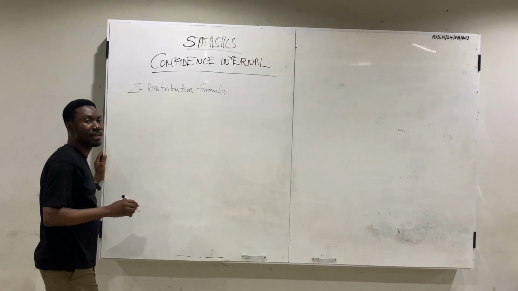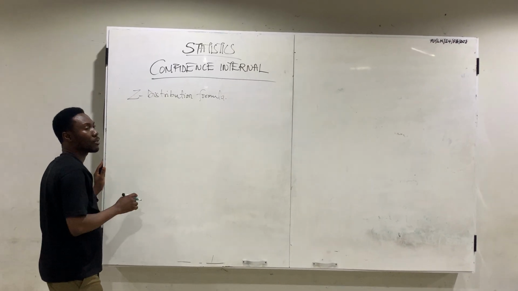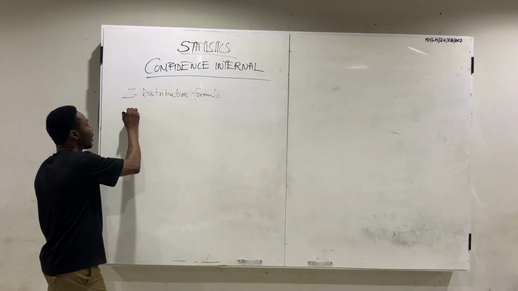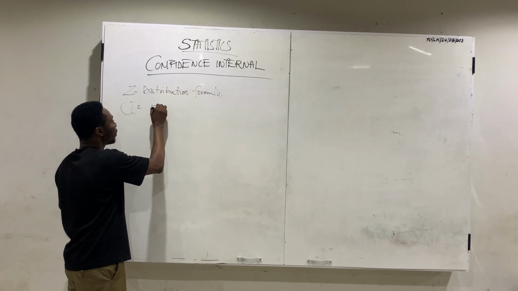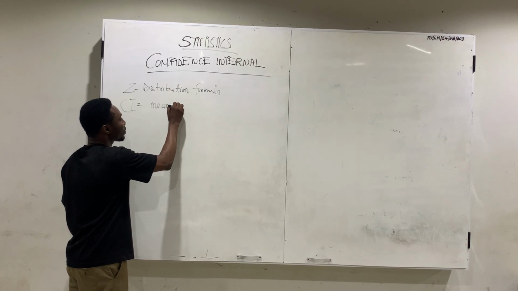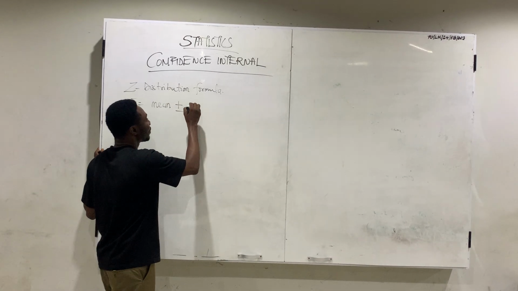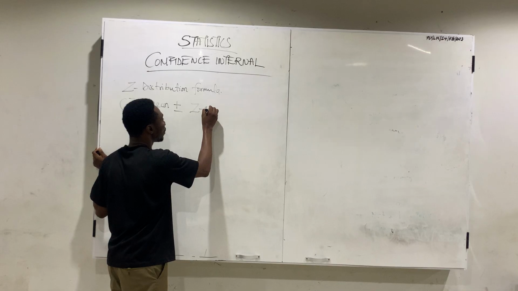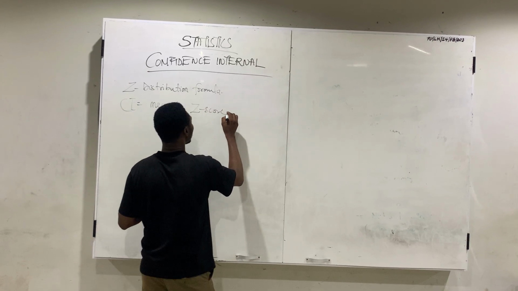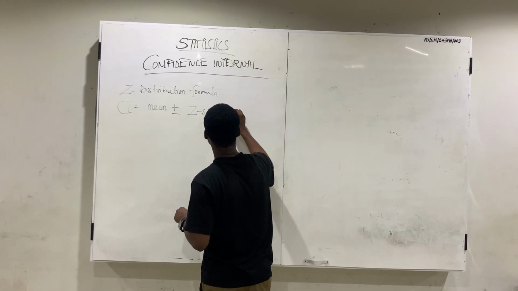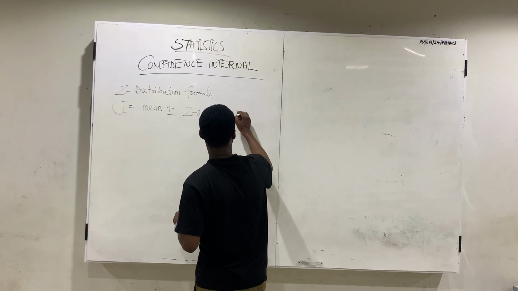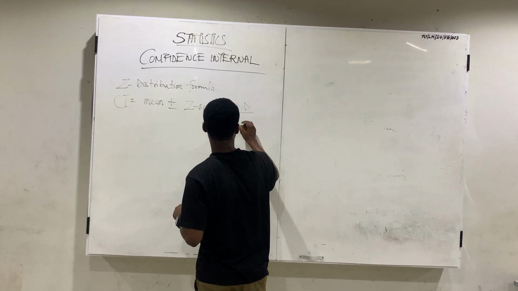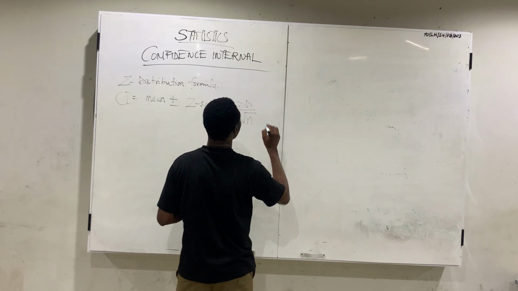Now with the Z distribution formula, this is how you state the formula. CI is equal to mean plus or minus Z score multiplied by standard deviation all over square root of n.